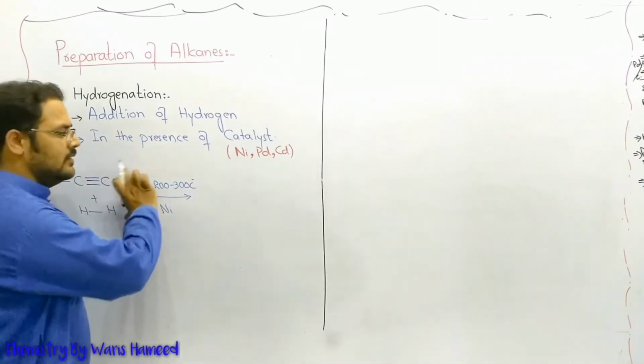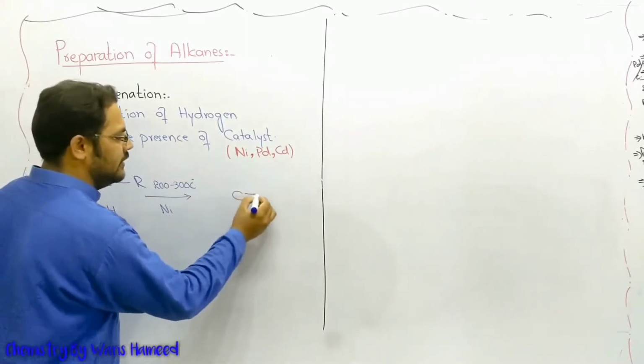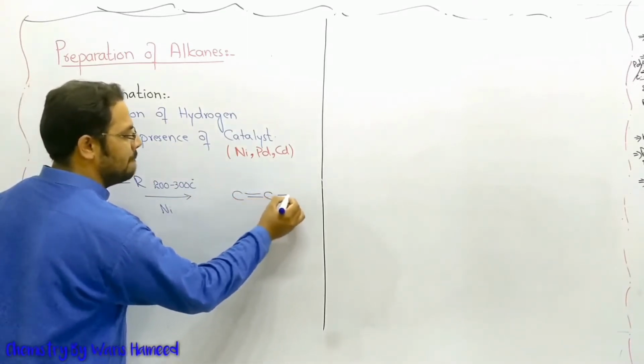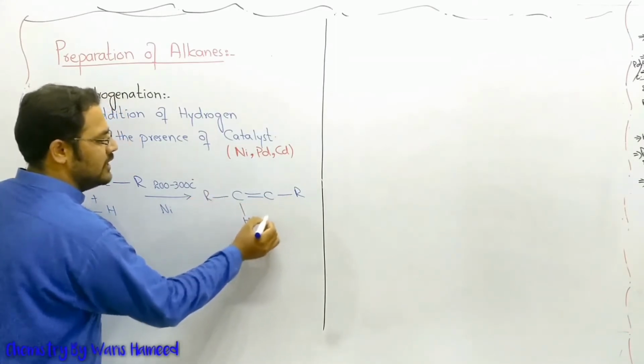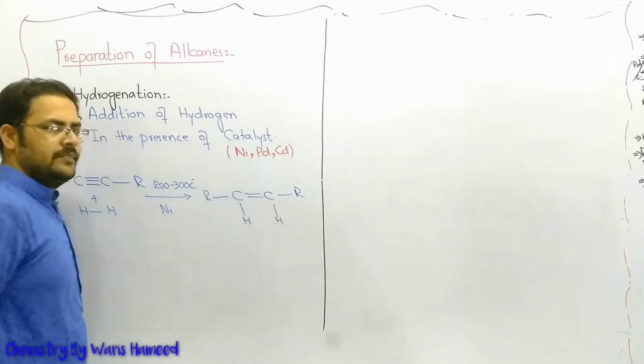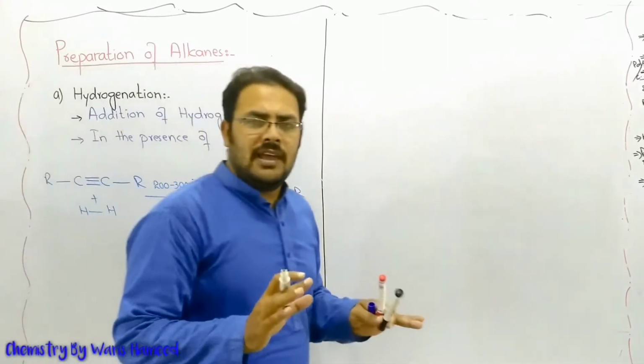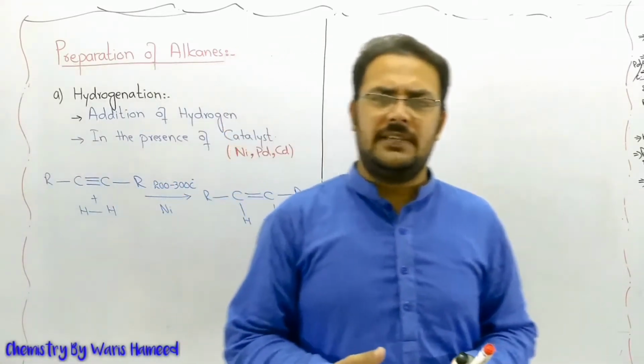When this reaction ends, it forms alkene, carbon double bond carbon, with an alkyl group, and here is hydrogen and here will also be hydrogen. Up to this step we can name it partial hydrogenation.